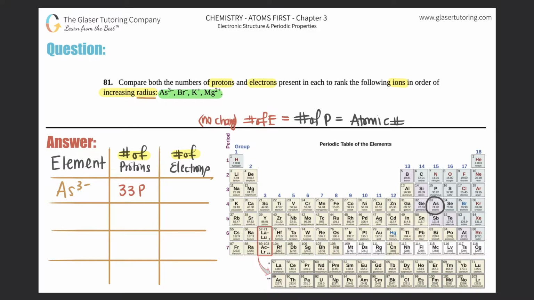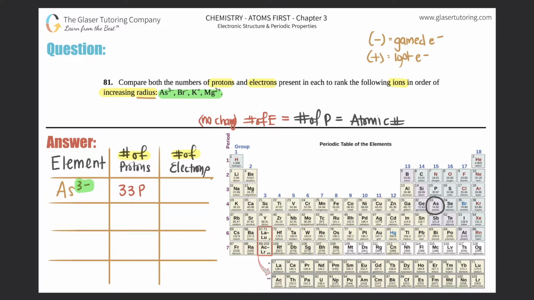And remember, a negative tells me that I actually gained electrons because electrons are negative. So if you have a negative charge, you really gained electrons. And if you have a positive charge, you really lost electrons because you have more overall protons than electrons. Remember, you can never lose or gain protons for an atom. You can only gain or lose electrons.